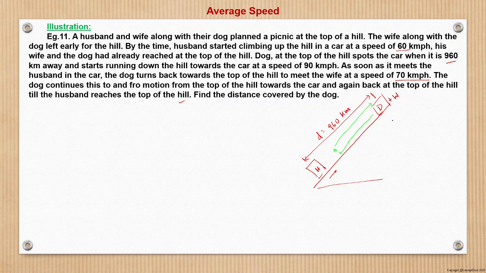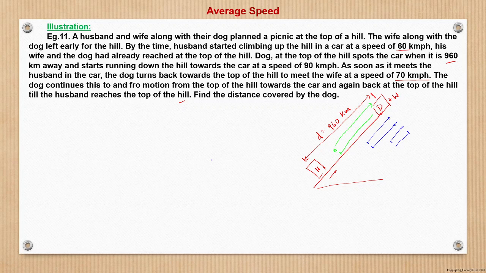Then again, say suppose the dog comes and meets the car here and then runs back and reaches here, right? Then again the dog comes here, meets the car and then gets back to the top of the cliff. In this fashion the dog is continuing the journey to and fro, right?